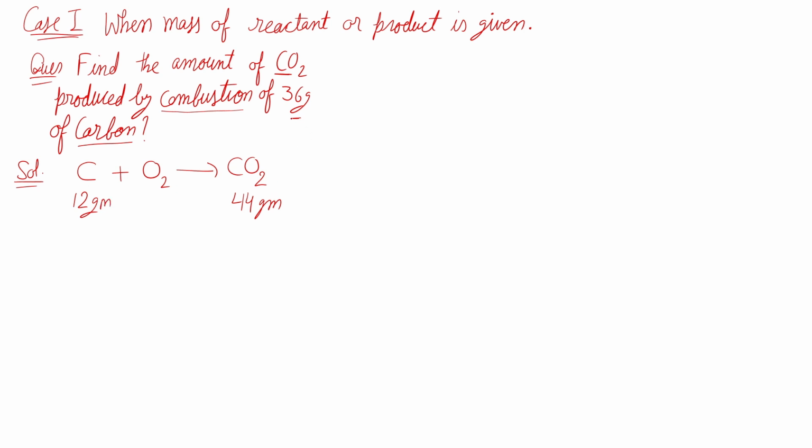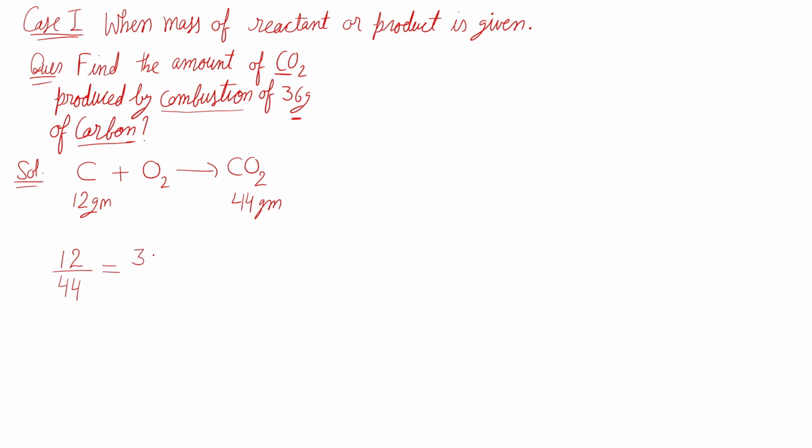Okay. Now take a look here. 36 gram of carbon is reacting with the oxygen. So what is the amount of CO2 producing there? It is a question. So from this equation we will put our first value: 12 gram carbon, if it is present there, it is forming 44 gram of CO2.